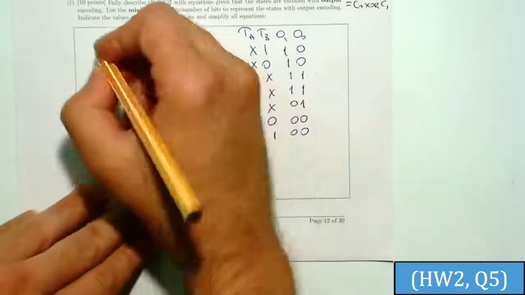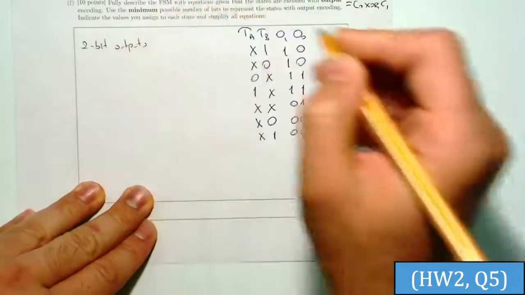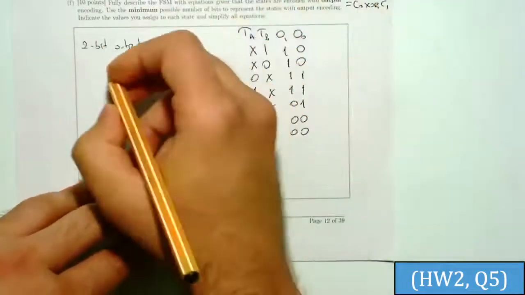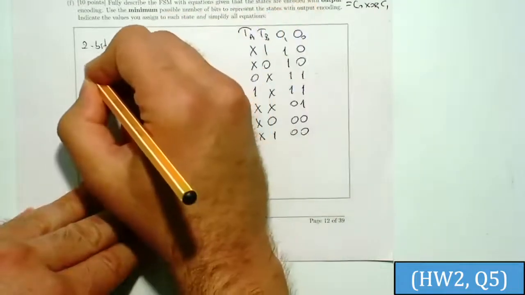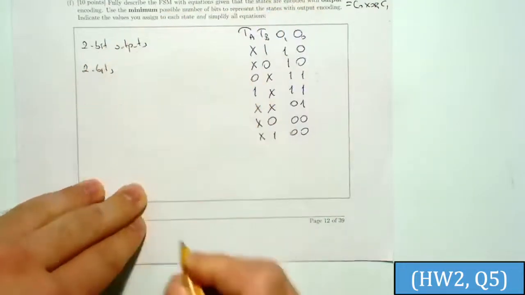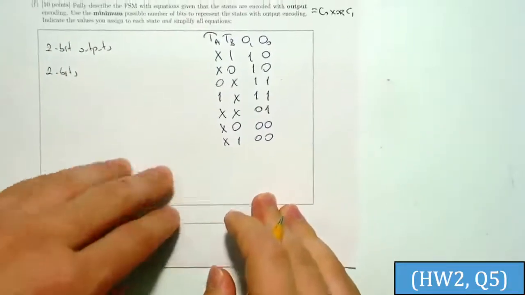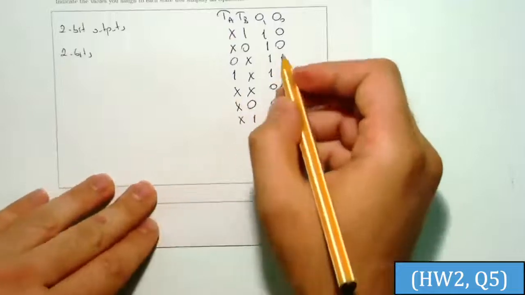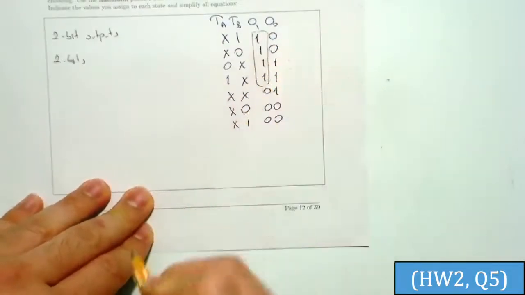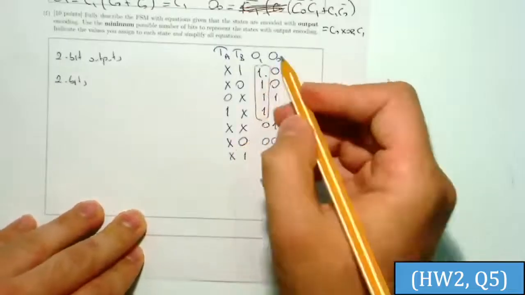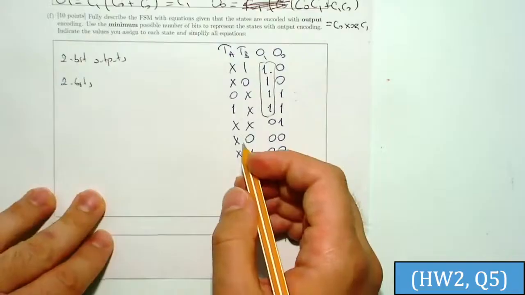So I have 2-bit outputs, and for the states I can use, let's say, 2 bits at least. So what I want to ensure is that when O1 is 1, then O1 is determined exactly, hopefully, by 1 bit.